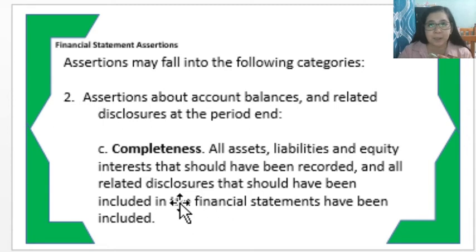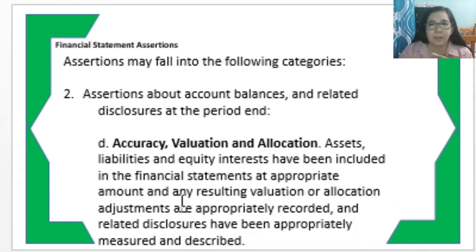Okay, so in the other category of assertion, completeness pertains to the transactions, whereas in this category, completeness means recording also of the transactions related to all the assets, liabilities, and equity interests.